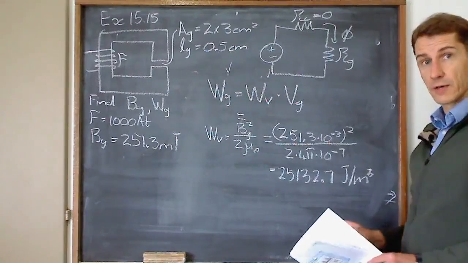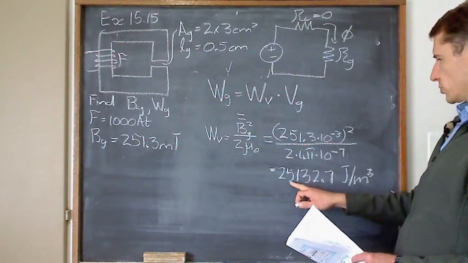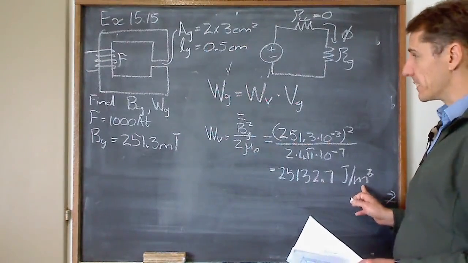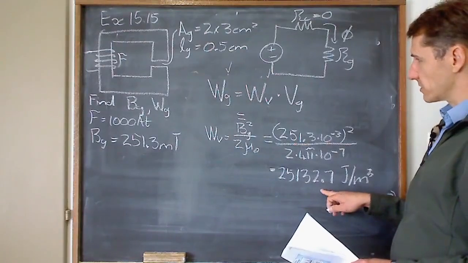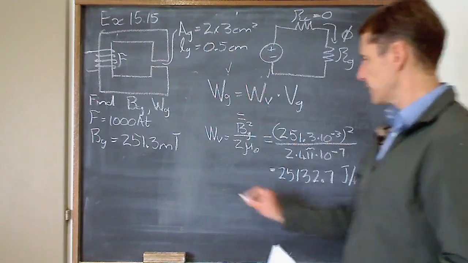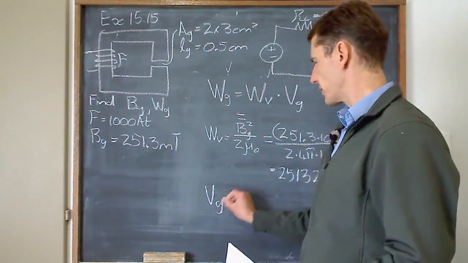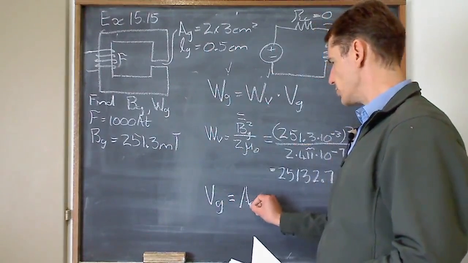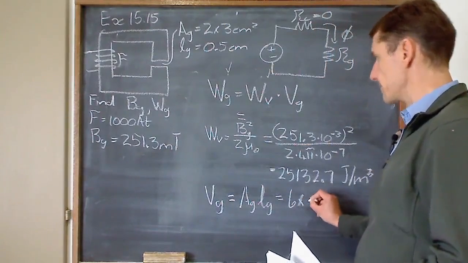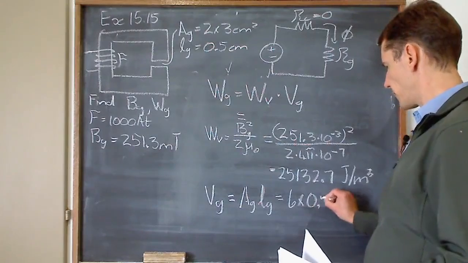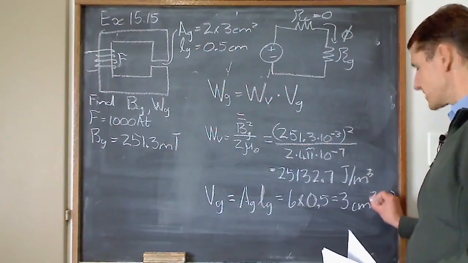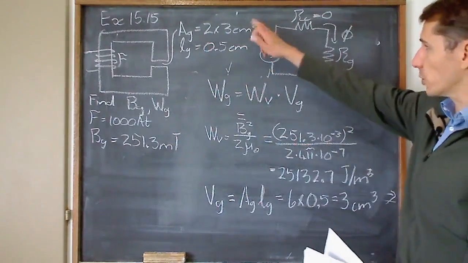Whoa, and you're thinking, well, here comes a big answer. We've got 25,000 joules, but it's per cubic meter. So now we need to take this massive value and squeeze it in there where I haven't left any space. Anyway, let's first calculate the volume of the gap. That's A_G times L_G, 6 by 0.5 equals 3 cubic centimeters, because that's all in centimeters.